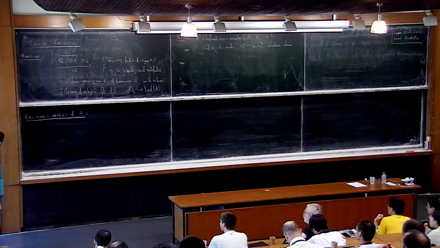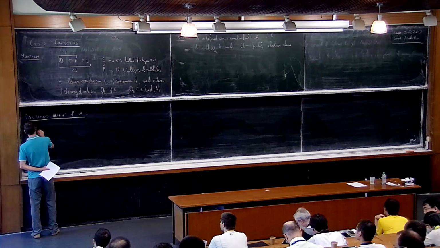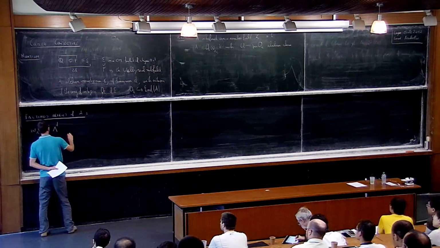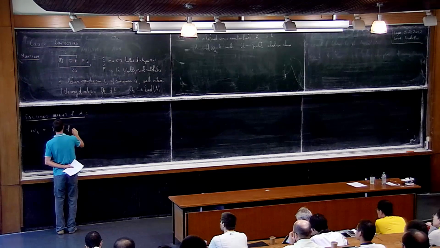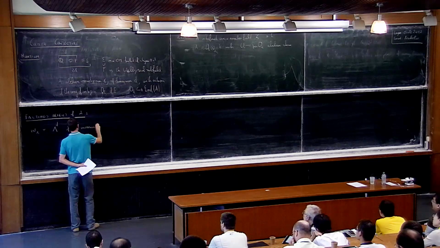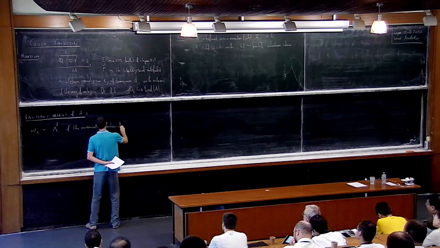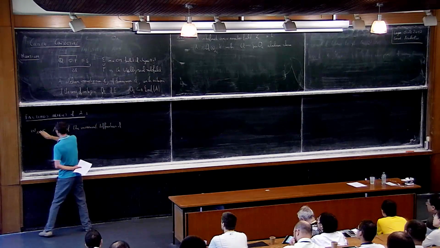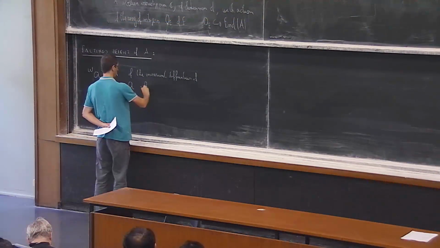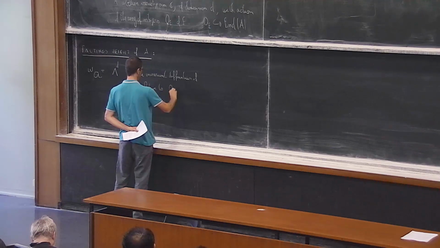Okay, so what do we do? We do the following. We let omega of calligraphic A be the top wedge power of the invariant differentials of calligraphic A relative to OK.